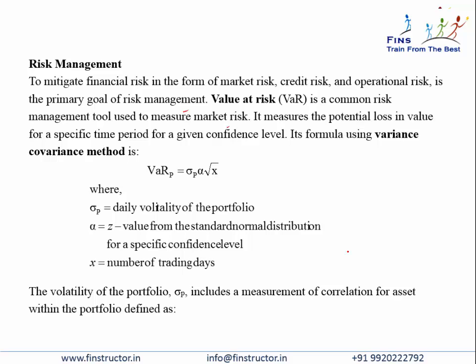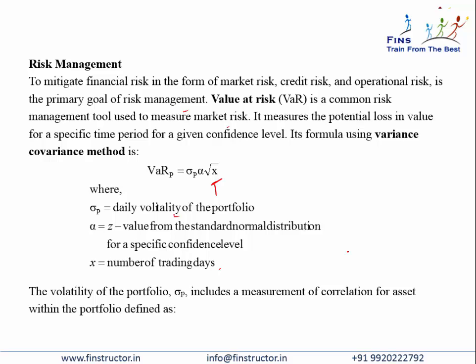It gives you the potential loss in value for a specific period of time for a given confidence level, and the formula using the variance covariance method is that the VaR of a portfolio can be calculated as the standard deviation of the portfolio multiplied by the Z value for a given confidence level multiplied by the square root of T. In this case, we've chosen to use square root of X, where T or X is the number of trading days. Sigma is the daily volatility.